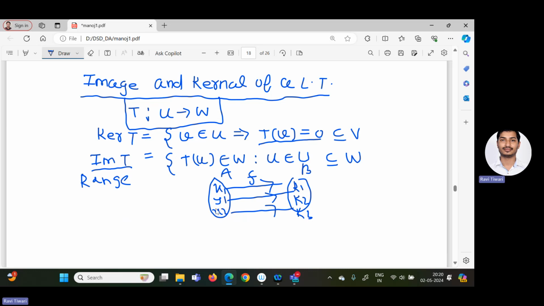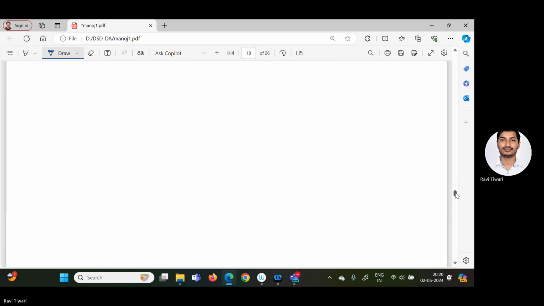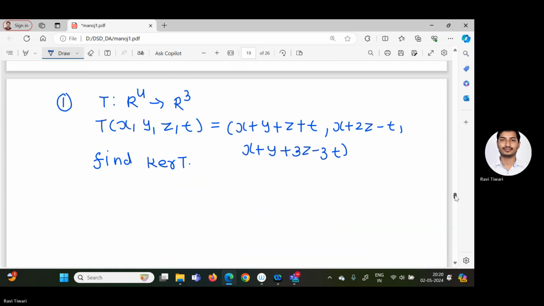But how do you solve if you have some linear transformation, how do you calculate the kernel and image of the linear transformation? So the next problem is given. T is a linear transformation defined from R4 to R3. We have to calculate the kernel of this linear transformation. Kernel means we have to put image 0.